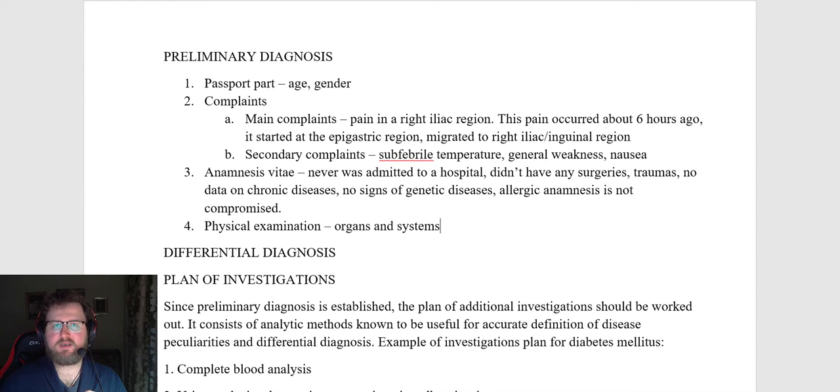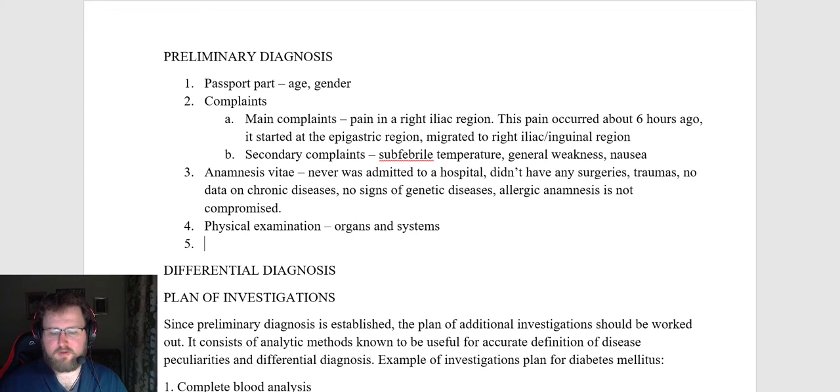For example, you might point out that his blood pressure is increased, or that he has some specific sound in his lungs. Doesn't matter, but in general, if you don't find any pathology, you still write brief information as we've discussed, and you summarize that clinically he has no signs of pathology.